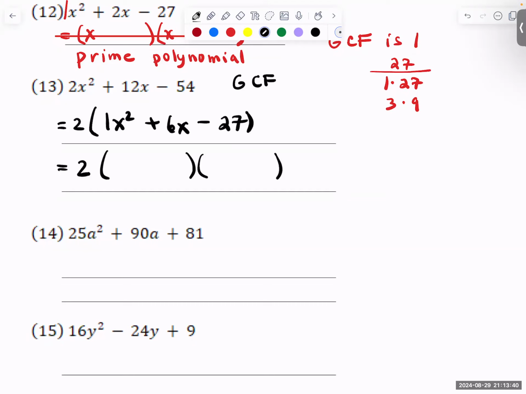Now 27 has the pair of factors 3 and 9, which has a difference of 6 if we do 9 minus 3. So let's do 9 times 3.